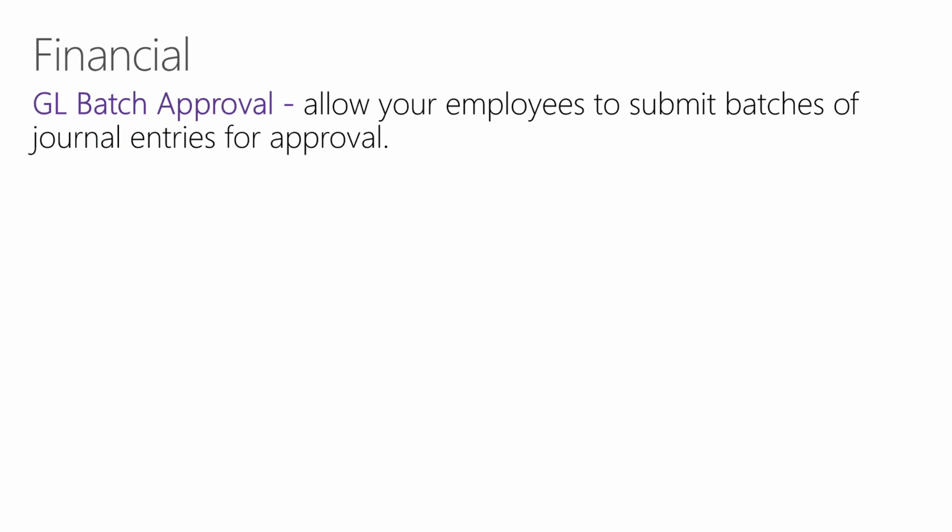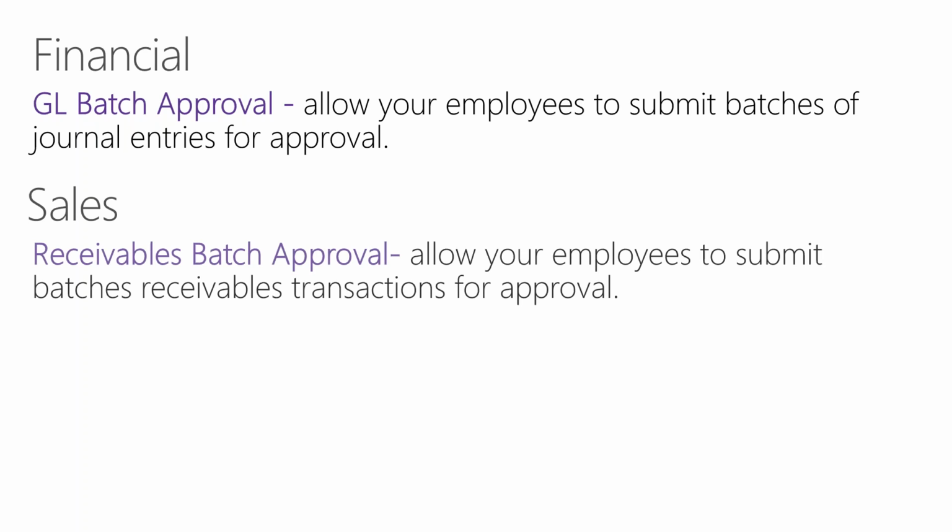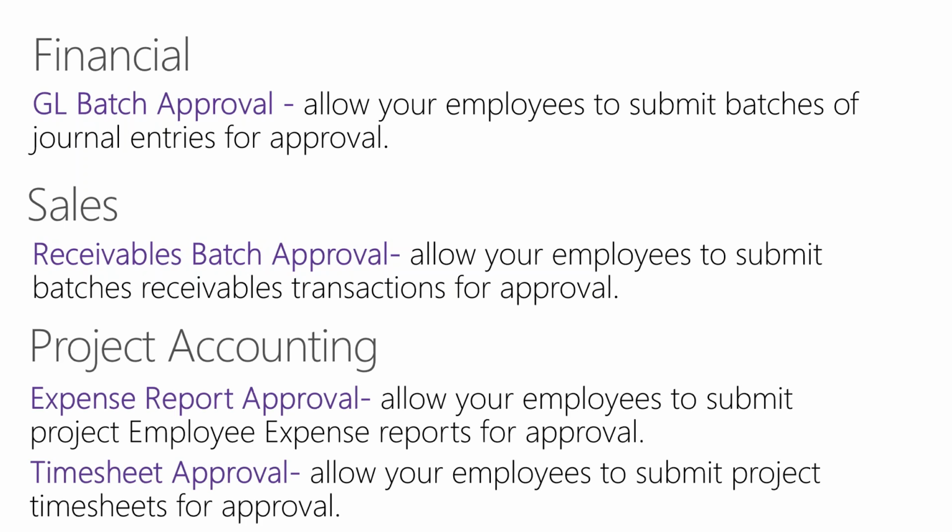So we'll talk about that towards the end. In the sales series, we have receivables batch approvals. In project accounting is where we have that expense report approvals and timesheet approvals. Again, those are specific to those of you who are using the project accounting functionality within GP.